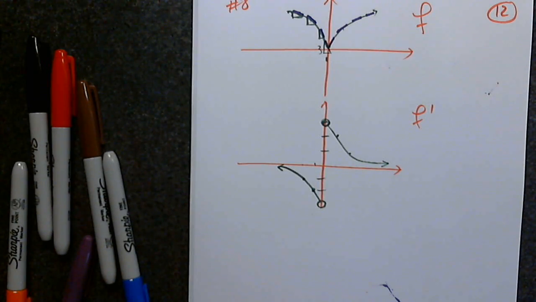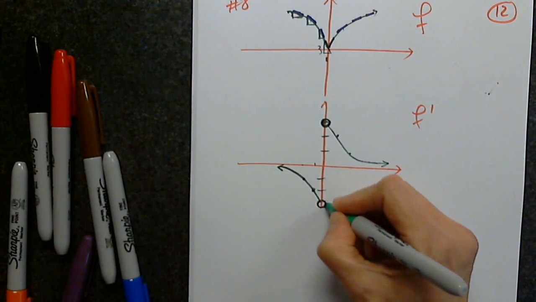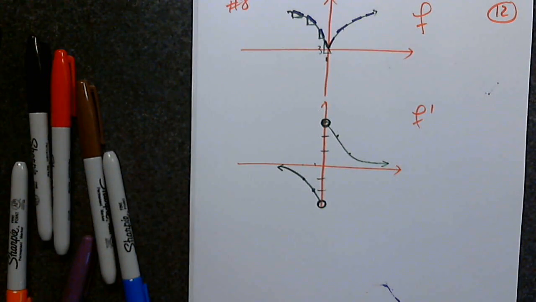And as you see, the derivative is undefined. Yes, it's undefined in both. Yes. Because the function is continuous there, but it's not differentiable, which means the derivative does not exist.